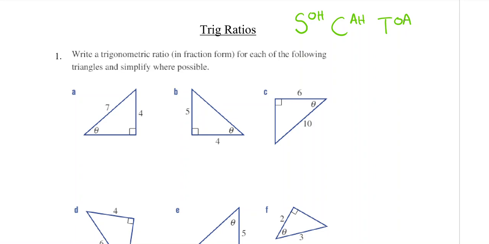So when we look at these questions here, we have to label the sides that we've been given to know whether to use sine, cos or tan. So the 4, here is my theta, my angle. What would the 4 be called? Opposite, adjacent or hypotenuse? Opposite, you're right. So this one is the opposite. And what about the 7?